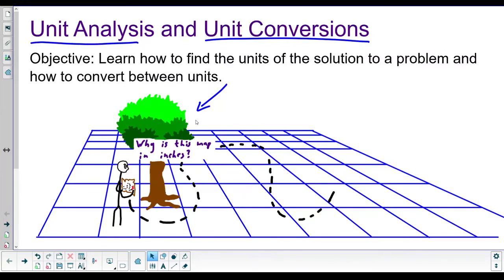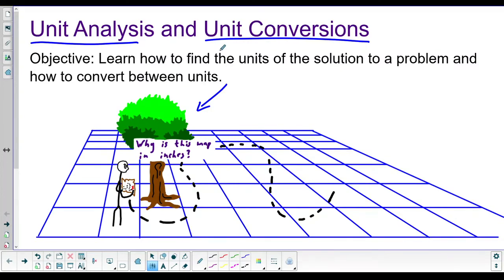What a sweet tree. If we really wanted to spruce it up a little, check this out. Watch this. We could put a little knot in it. There, look at that. Sweet. How tight is that tree?